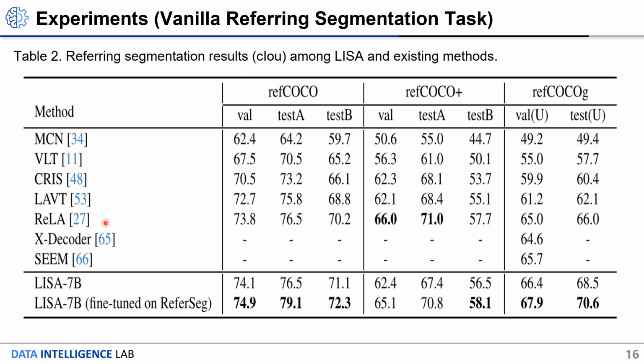So for the structure, the authors compare LISA, specifically the 7B parameter version in this table, this part, against several well-established methods designed specifically for referring segmentation like CRIS, LAVT, ReLA, X-Decoder, and SEEM.